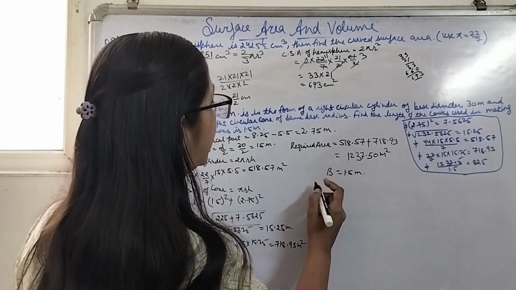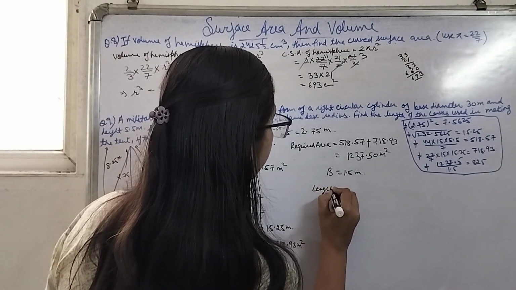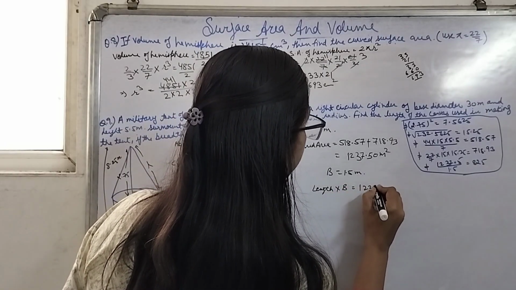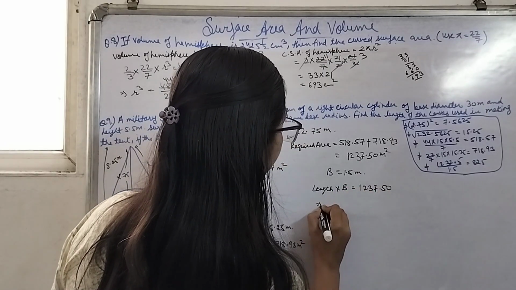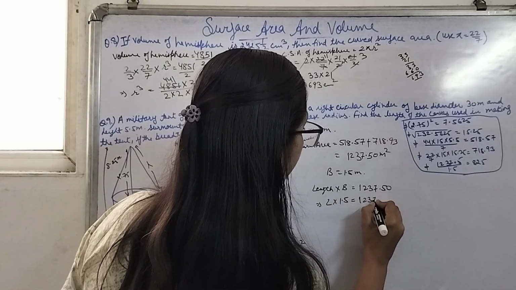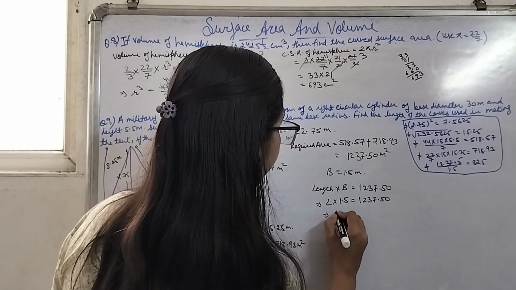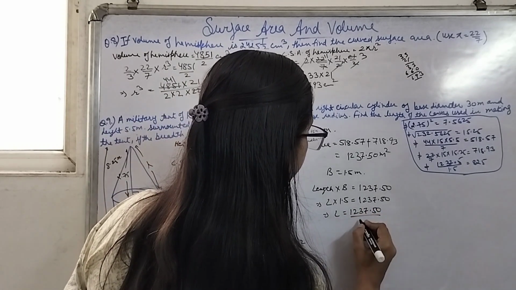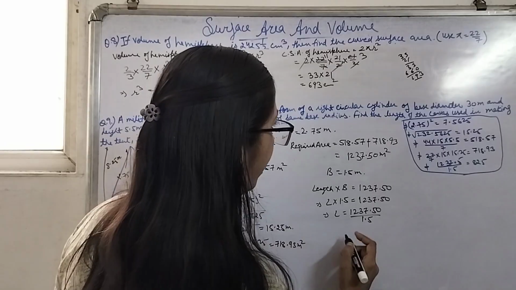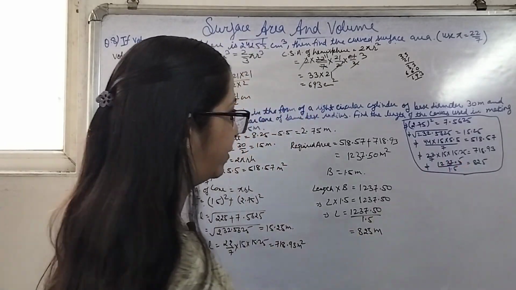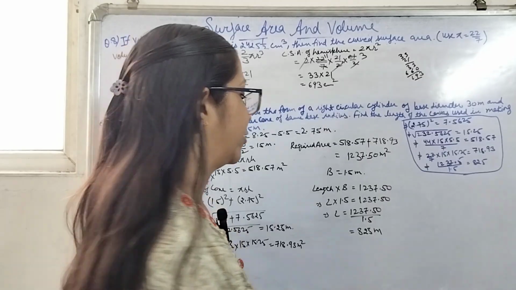1237.50. So the length of the cloth will be L into B. It is 1237.50. L we have to find, the value of B is 1.5. It is equivalent to this number, and the value of L will be 1237.50 divided by 1.5, which is 825 meters.